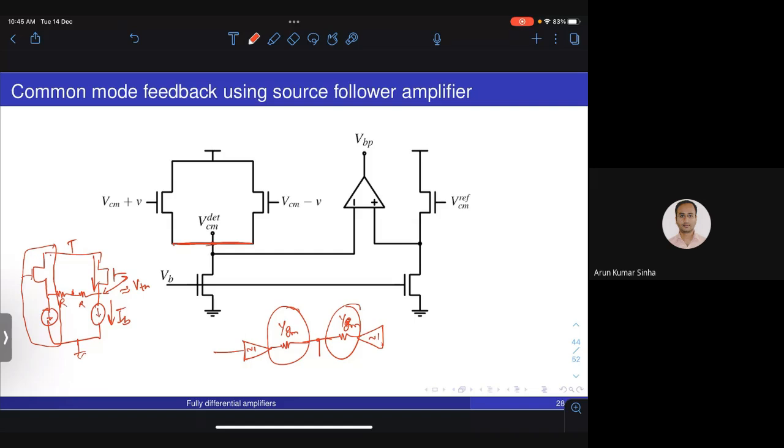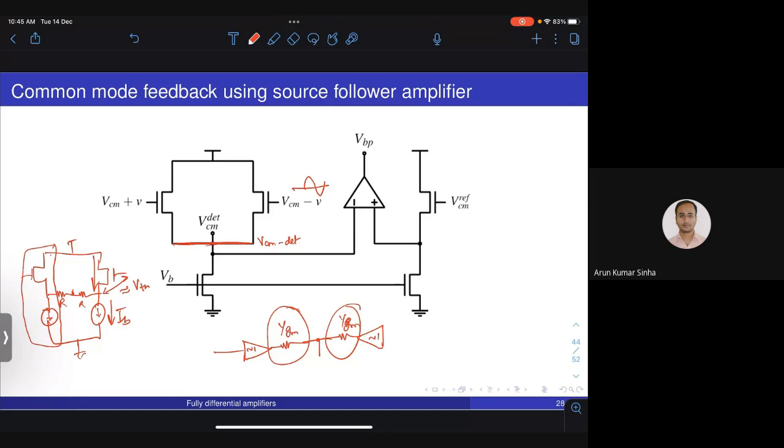But in this case, the output is at the common mode detected, but the input is swinging from VCM as a sinusoidal signal over VCM, which means that the voltage across the gate and the source will not be constant.